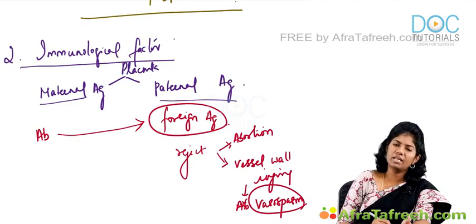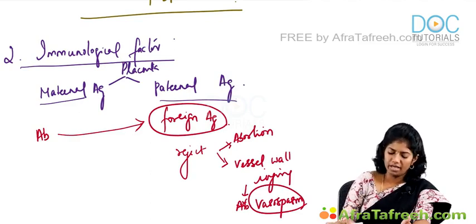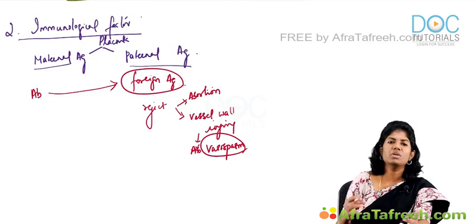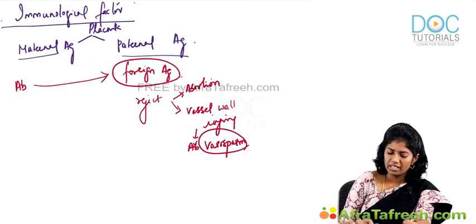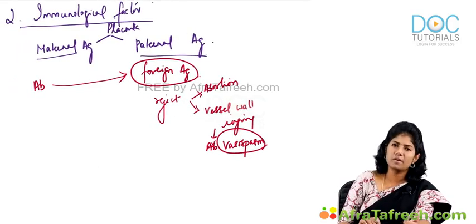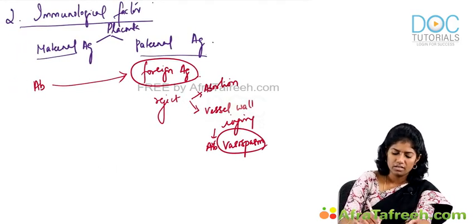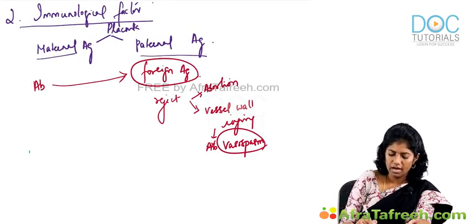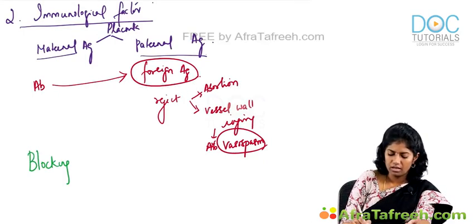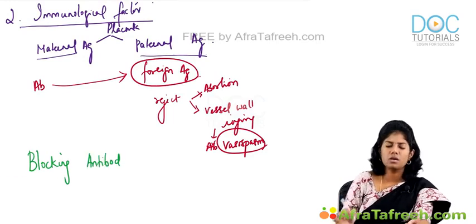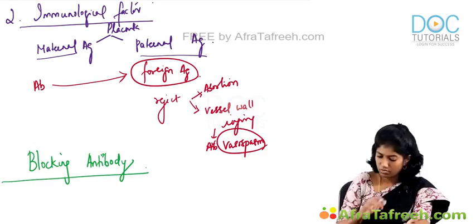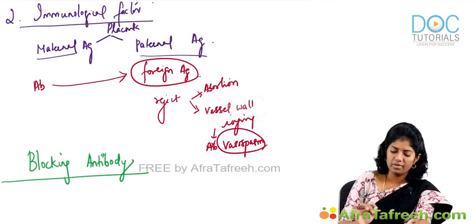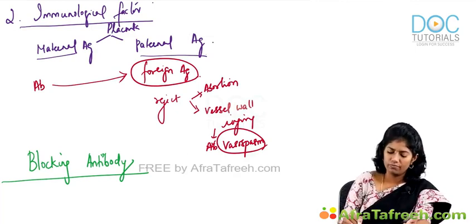So you understand that the key pathology behind hypertension is vasospasm. Now how does a normal pregnancy escape from this? A normal pregnancy escapes from this kind of immune mediated vasospasm because there is something called blocking antibody, which protects the placental tissue, the paternal antigens, from getting exposed to, or it protects the mother from developing antibodies against the foreign antigens.